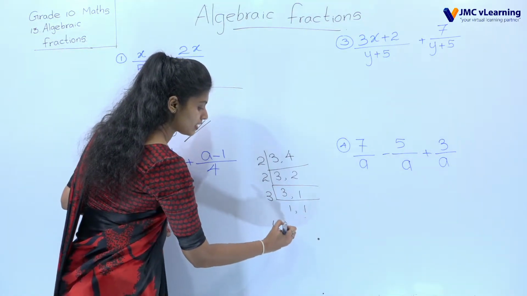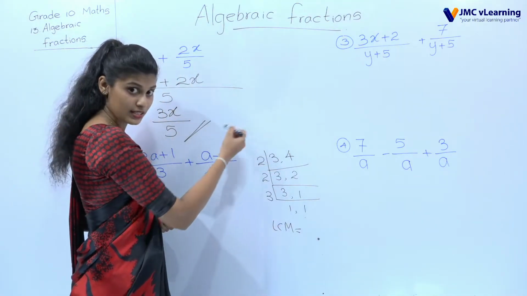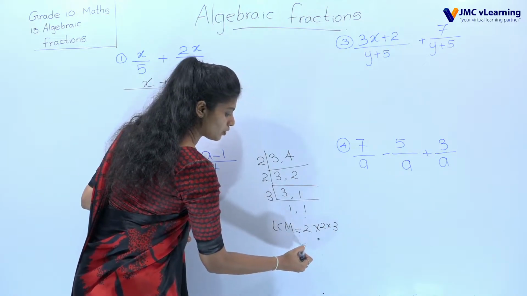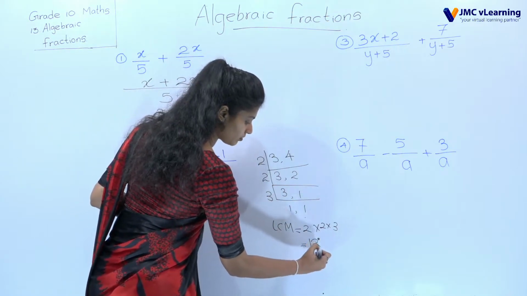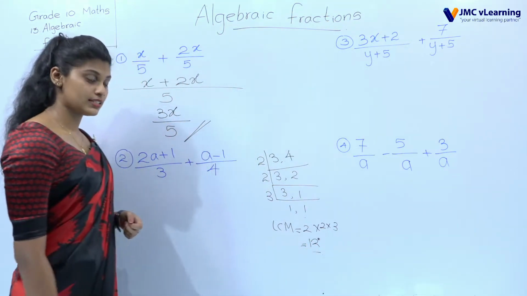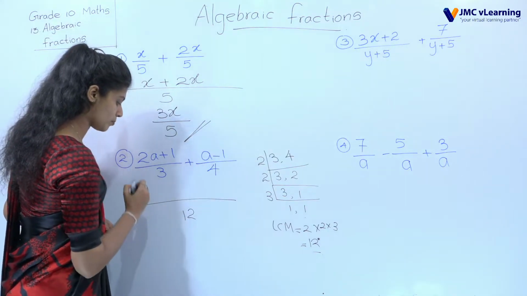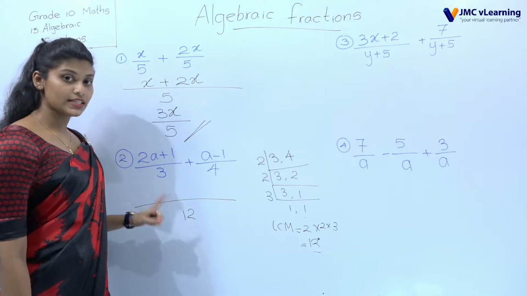Then the LCM of 3 and 4 is, you have to multiply these numbers, 2 into 2 into 3. 2 into 2, 4. 4 into 3, 12. Then let's take the common denominator as 12. There are 4 3's in 12.